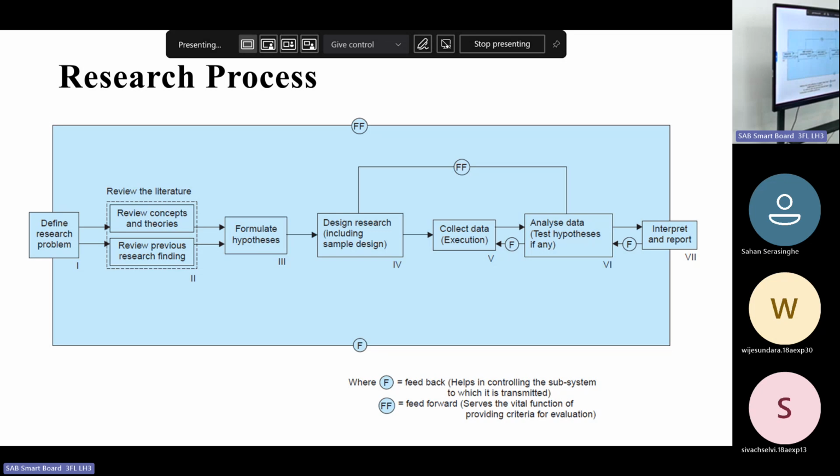Let's take the variable price. Previous research findings confirm that price is the main factor affecting customer dissatisfaction. You grab that variable, the price, and develop the hypothesis: there is a relationship between price and customer satisfaction.